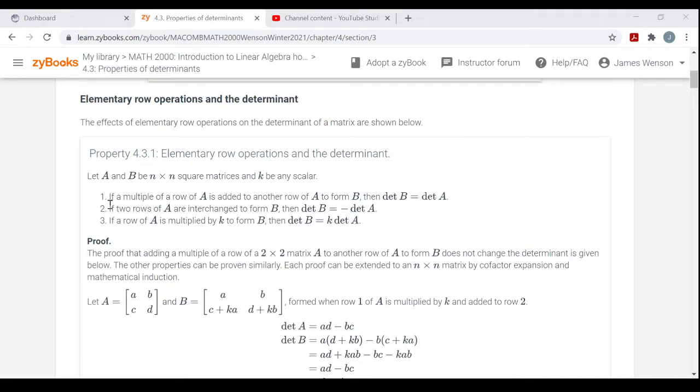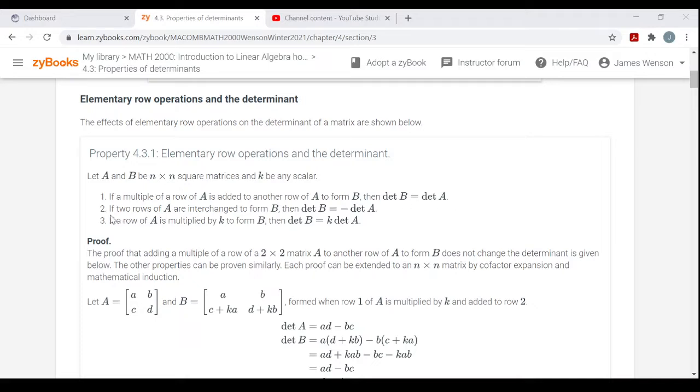Number one, if a multiple of a row of A is added to another row of A, remember that's one of the row operations, to make a new matrix called B, then the determinant of B will be exactly the same as the determinant of the original matrix A. So this first line is saying that if you take a multiple of one row and add it to another row and replace that other row, the determinant will not change.